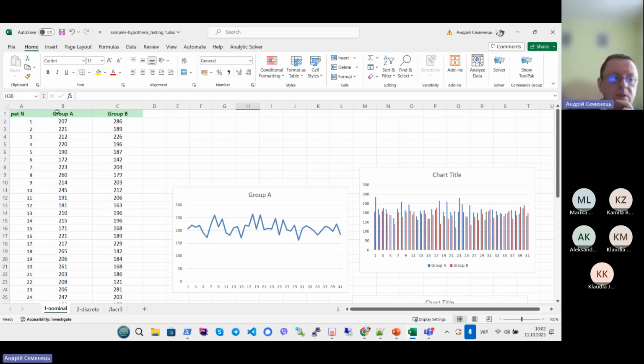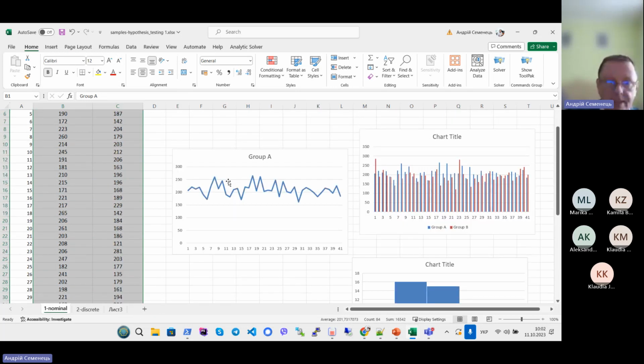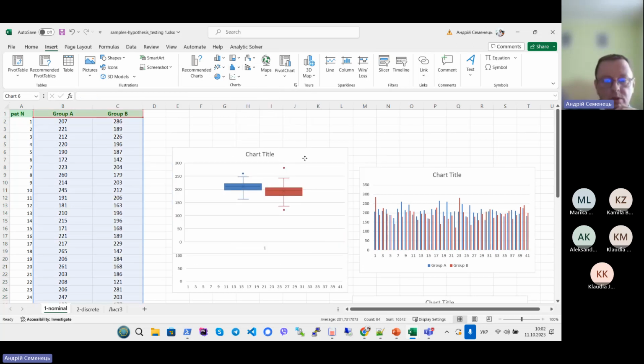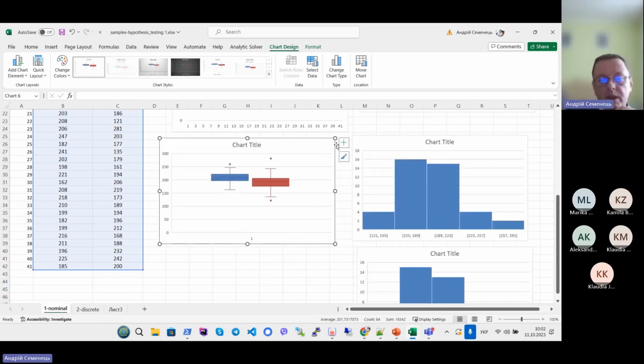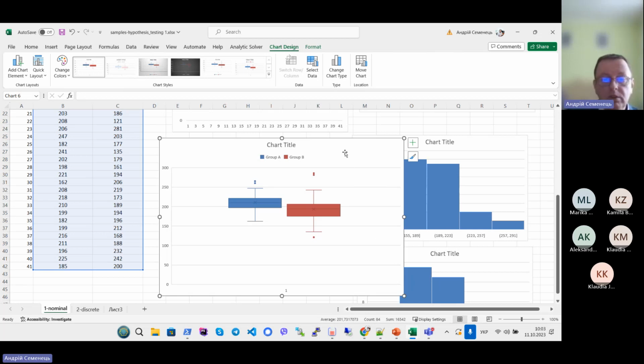And finally, obviously, if you want to get descriptive statistics for our data set and visualize it, do we have a box plot? Box plot will be an obvious choice, and it would be fine to have a legend to see which data set belongs to each data, and we can then add data labels, also very useful.